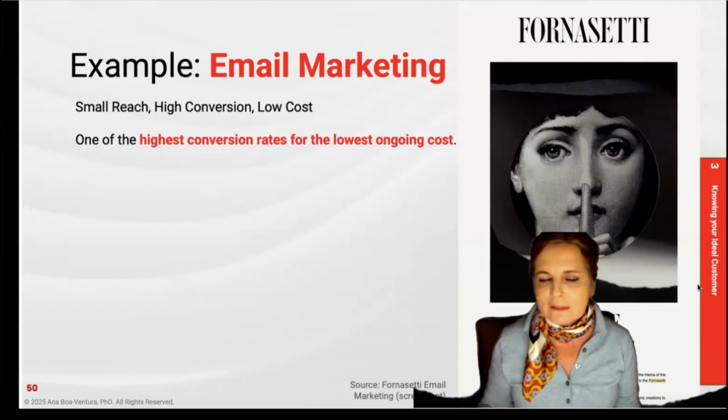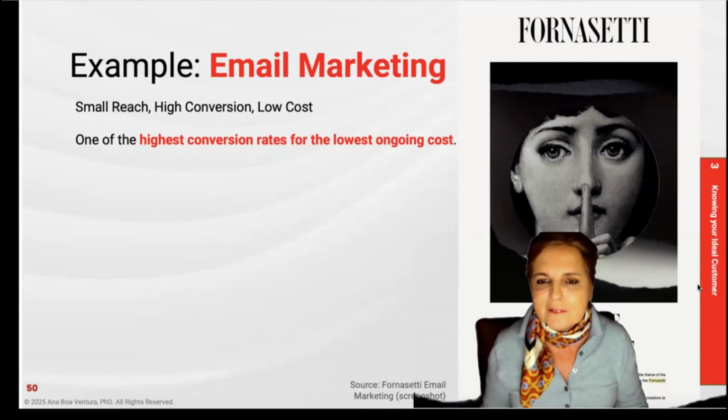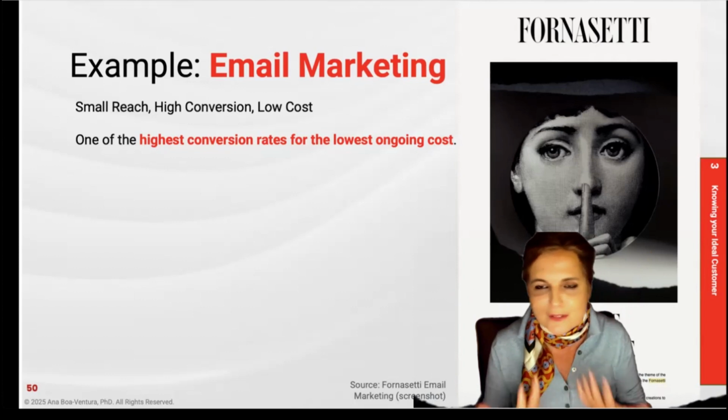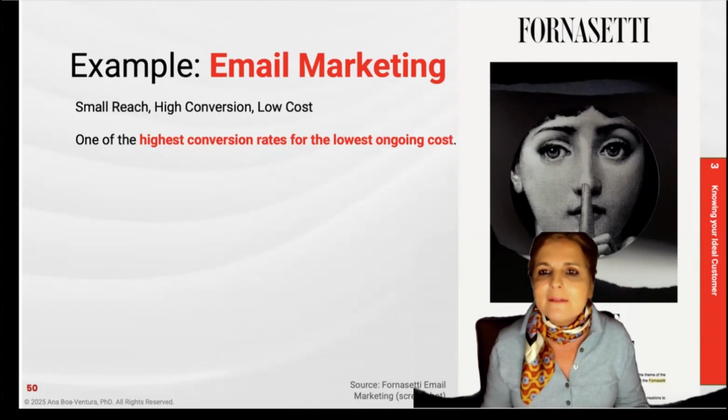There's huge real estate of the page dedicated to the image, because it's a very strong point of this company, right? So it talks to their values. It's understandable. This is not the full email marketing, of course, it's the top of it. But yeah, so a great way to have high conversion at a low cost and with small reach is email marketing.